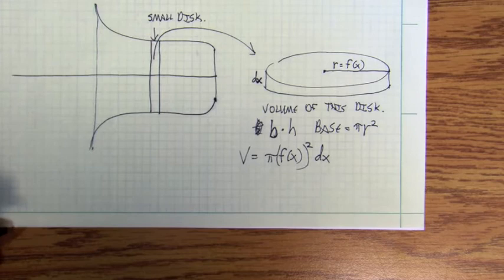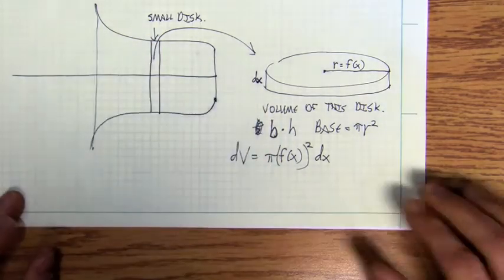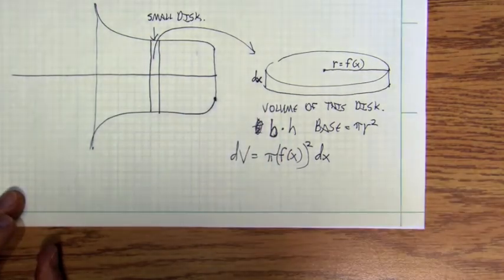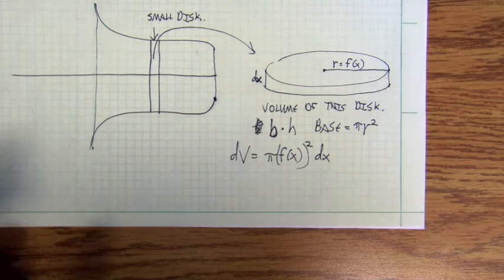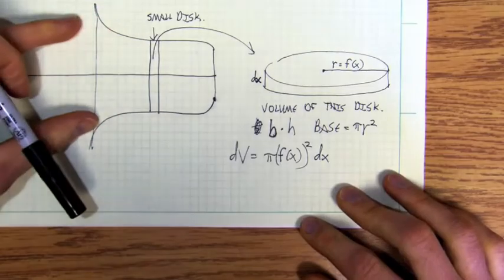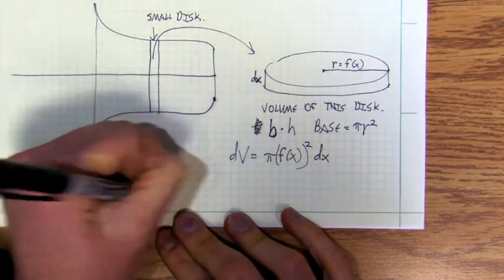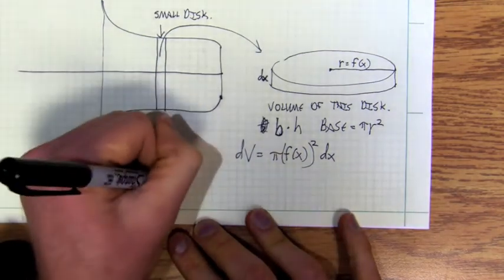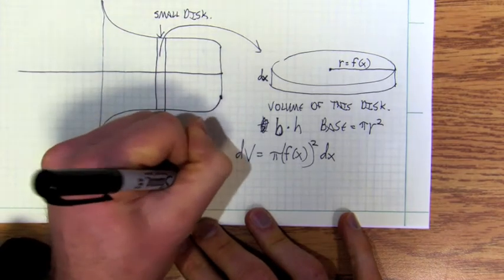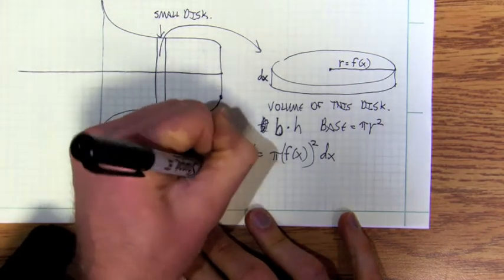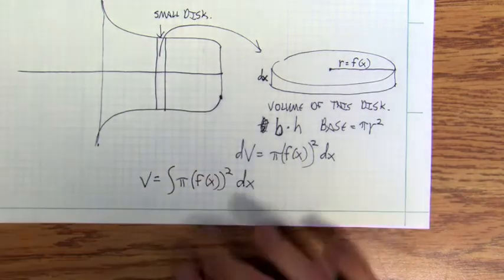So that's actually just a dV, a tiny little portion of the total volume. So if I want to find V, I take the integral of pi f of x squared dx.